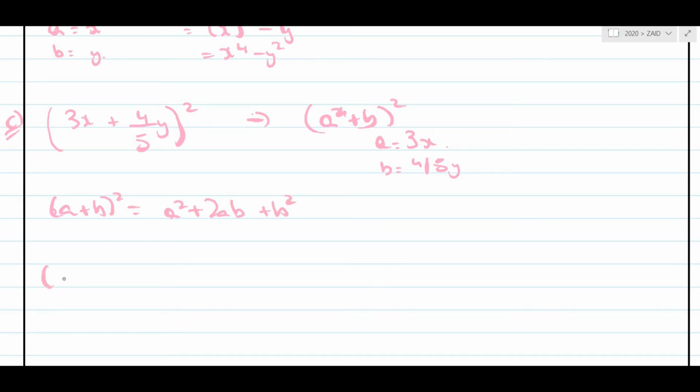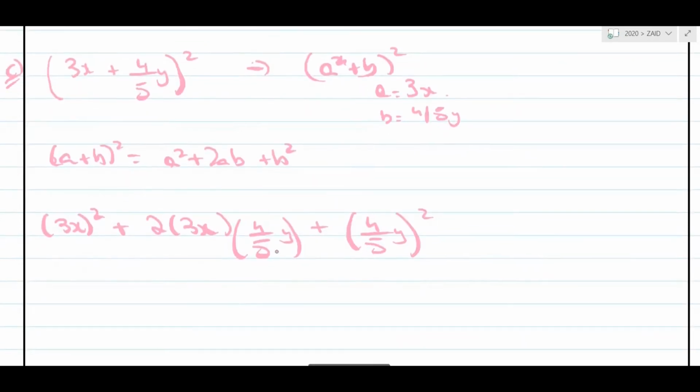Therefore instead of a you will write (3x) whole square plus 2 times 3x, and instead of b you would write 4 upon 5y, plus (4 upon 5y) whole square. Therefore your end result would be 9x square plus 24 upon 5xy plus 16 upon 25y square.